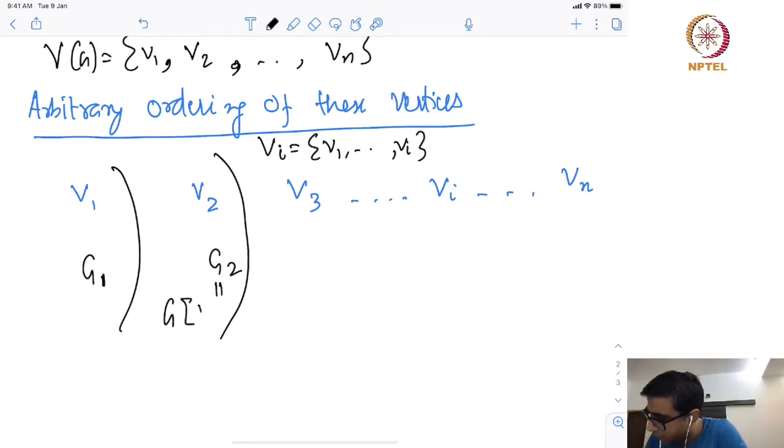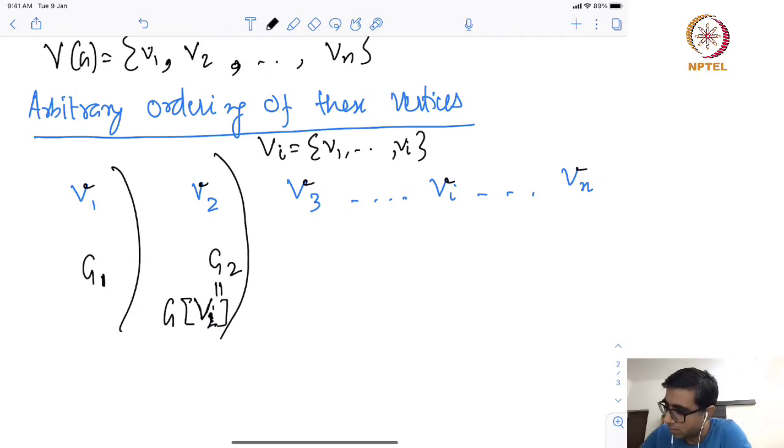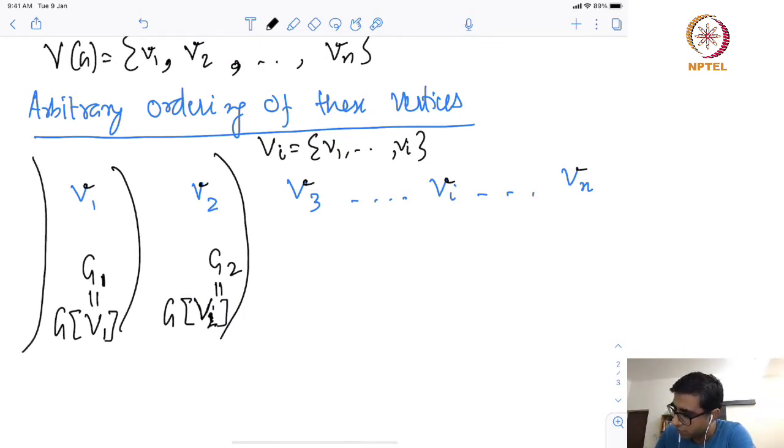It is the graph induced on Vi. These are vertices, and these are sets. G1 is the graph induced on capital V1, which is just one vertex. Of course, we also have the notion of the empty graph, G0, because there is nothing.